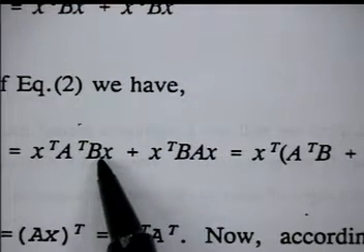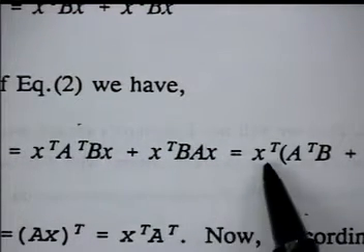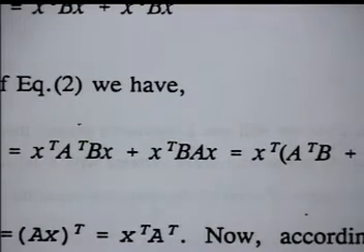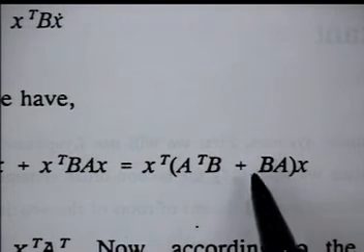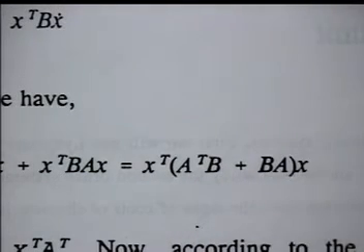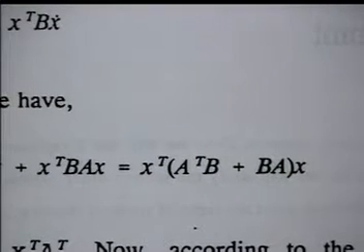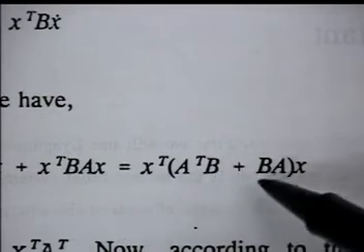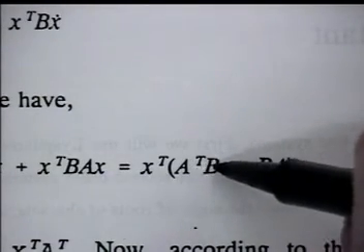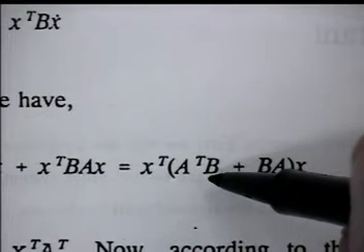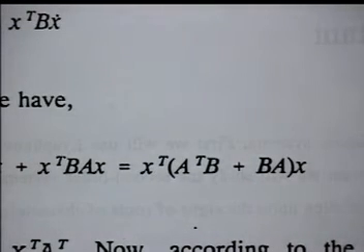On the right-hand side there is x and x. So I can take out x transpose from the left and x from the right, and I get x transpose times (A transpose B plus BA) times x. These are the two matrices. Just remember, A is known and B is not, because A is a given system. But B, we are looking for.